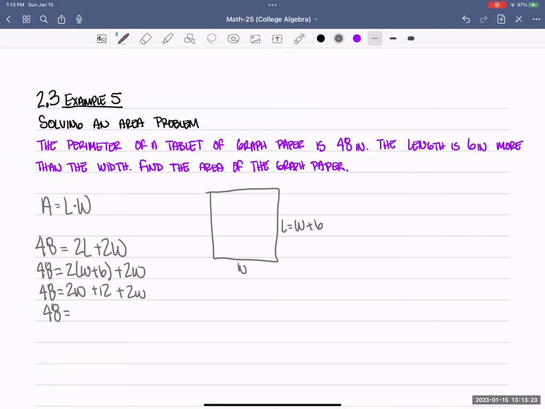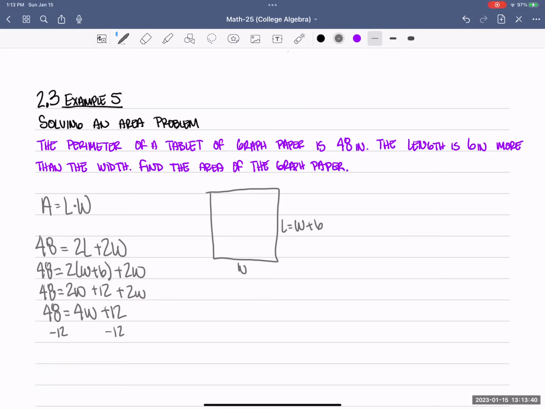It looks like we could combine like terms on the right side. 48 is equal to 4W plus 12. To get the term with W by itself, we can move this 12 over, minus 12 on both sides.